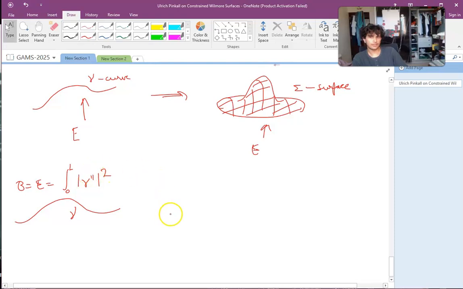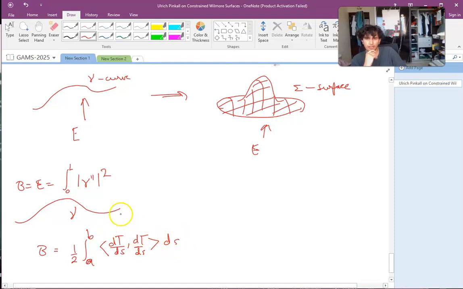I'll explain how this part comes really quickly. So if you remember, B is defined as the integral of 1 by 2 from A to B of the inner product of dt by ds, comma dt by ds, over ds, I think.